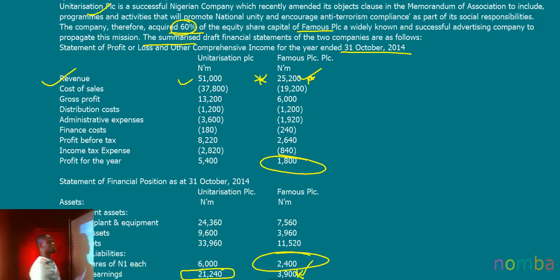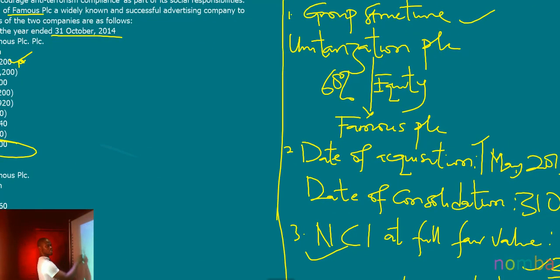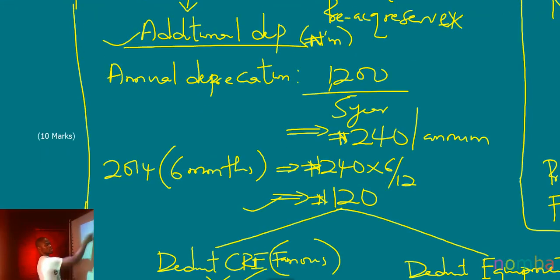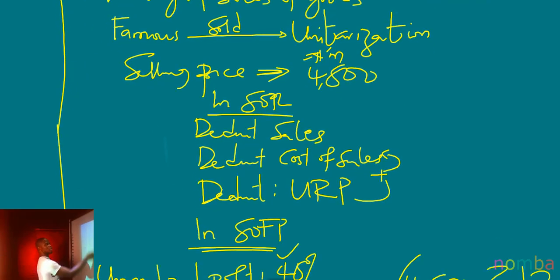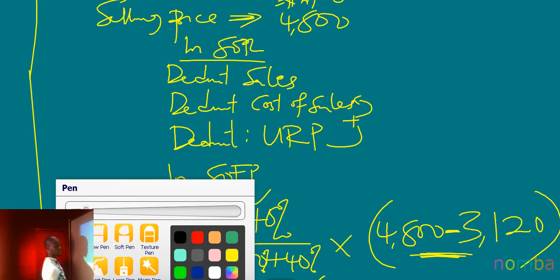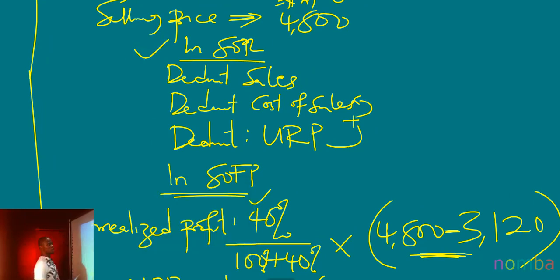And that 12,600, you add it to the revenue of the parent company. So I will add 51,000, and the addition of the two gives me 63,600. Remember that there was a consolidation adjustment during the year where there were intragroup sales of goods. We said this intragroup sale, in the statement of profit or loss, we are going to deduct from sales, and we're also going to deduct it from cost of sales.